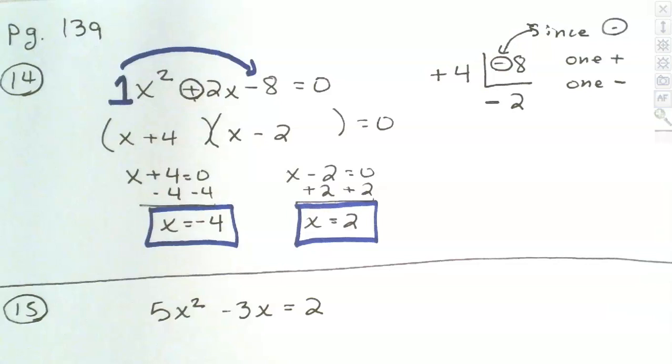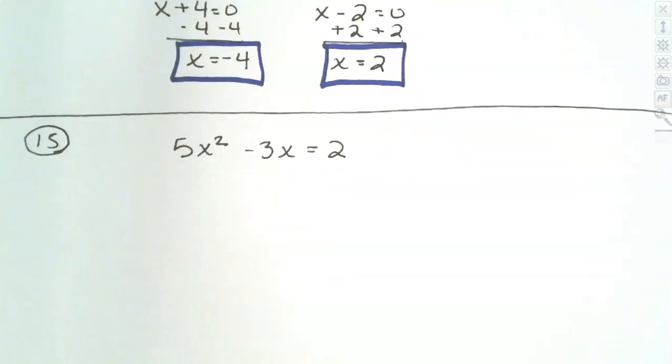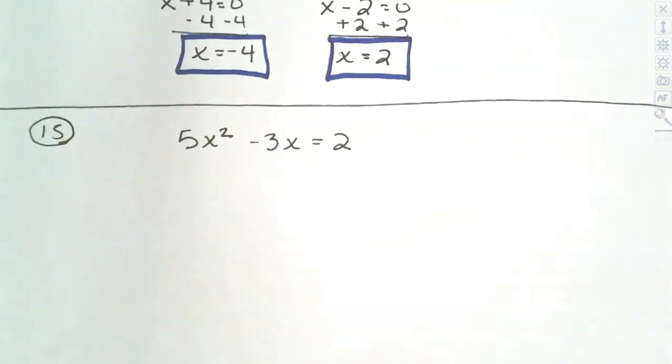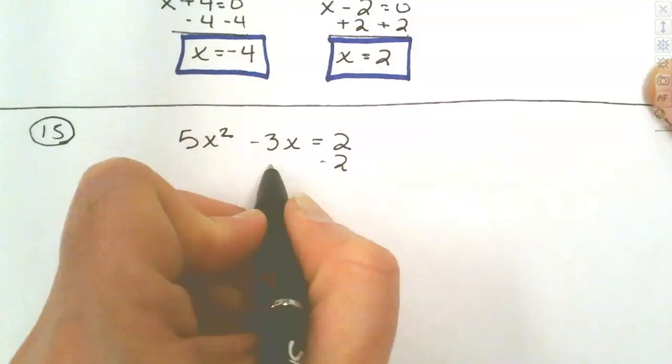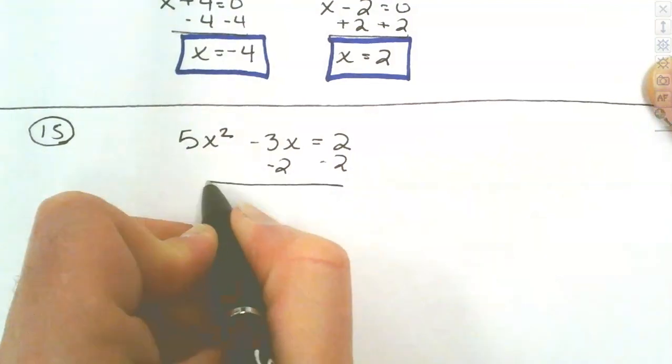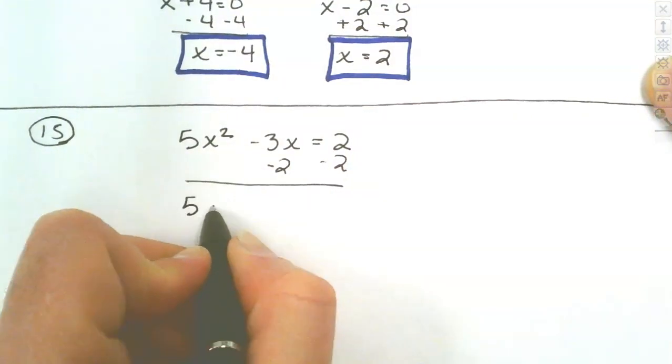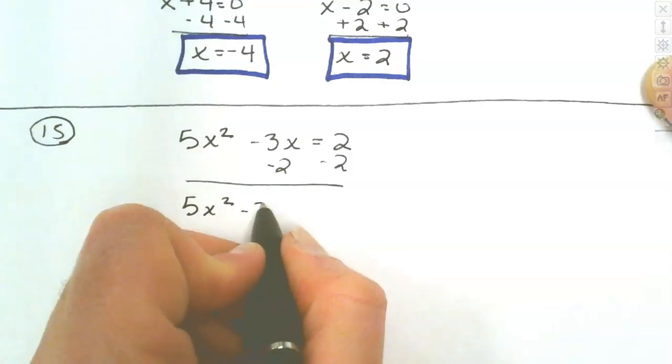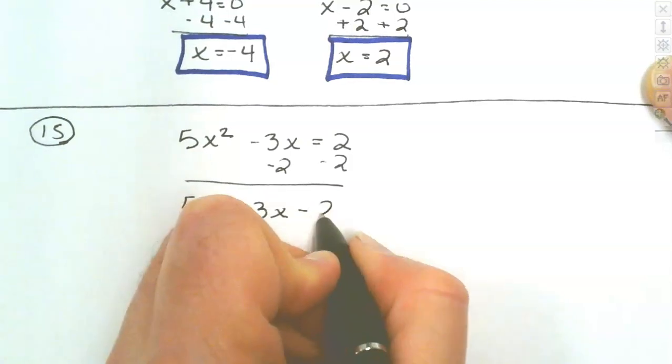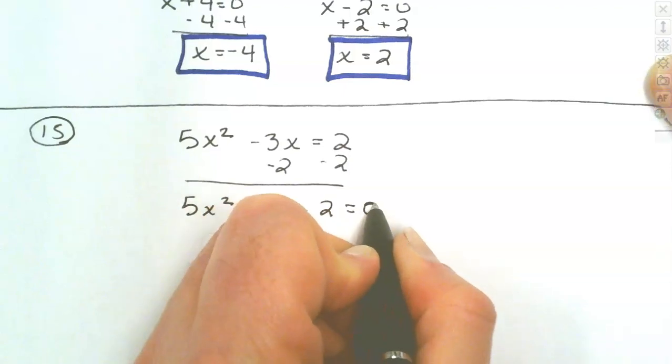We're still solving with zero factor, so it has to be set to 0. That's our first step, is to move that 2 over with subtraction. That then leaves us with 5x squared minus 3x minus 2 equals 0.